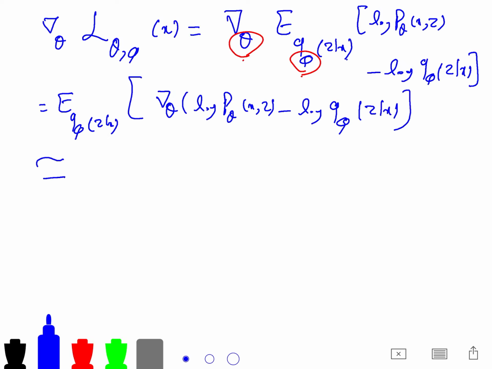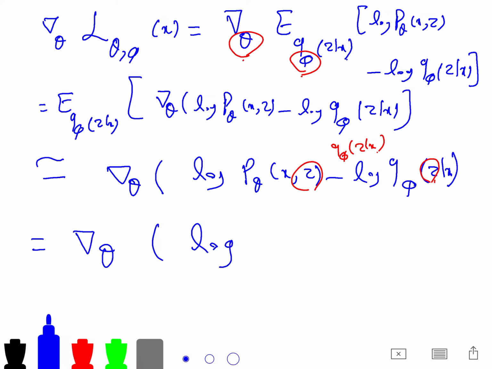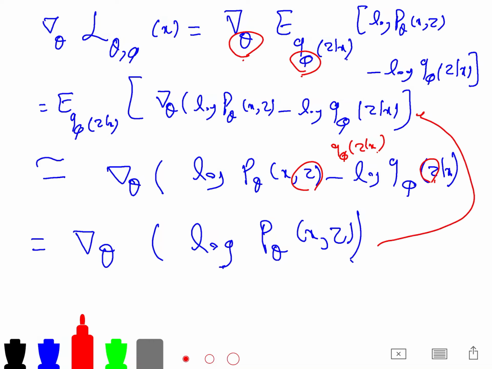Approximately, this is the gradient with respect to theta of log p theta of x and z minus log q phi of z given x, where z are just random samples from q phi of z given x. So finally, the gradient with respect to theta is just of log p theta of x and z, and the Monte Carlo estimator of this can solve the problem.